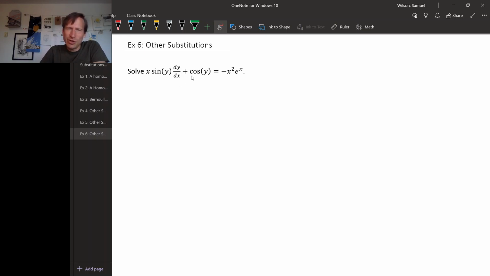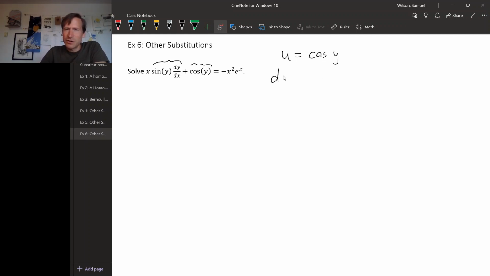But if you look carefully, this part right here is actually just the derivative of this part right here. Cosine of y, if we take the derivative with respect to x, we get sine of y, up to a minus sign, but also the chain rule would spit out dy/dx. So it seems like maybe we should take u to be cosine of y.